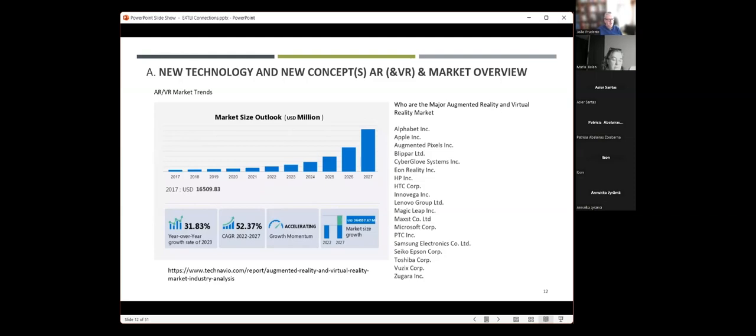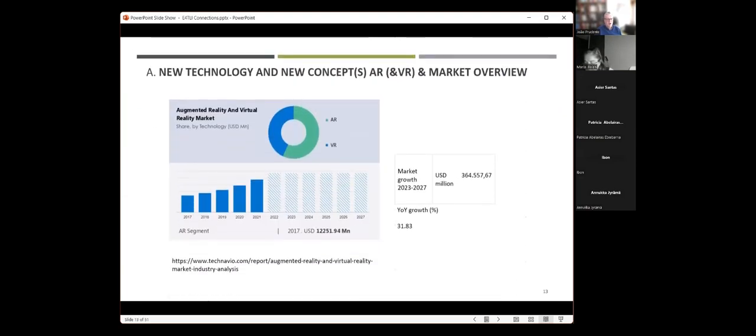The market in 2017 was 16 billion dollars, and the forecast is to go to almost 400 billion in 2027. Actually, at this moment the market is already at 200 and something billion dollars.